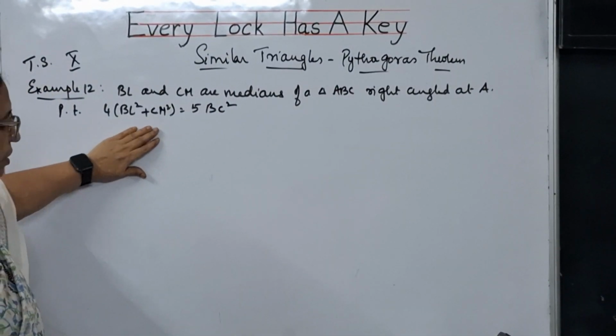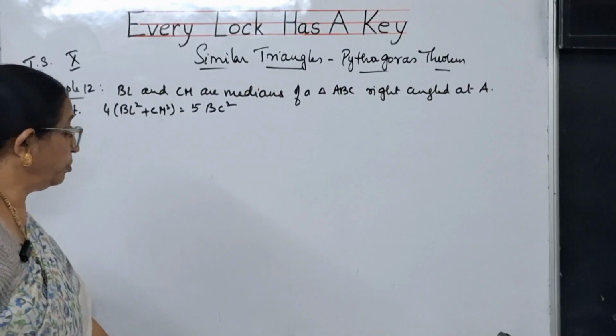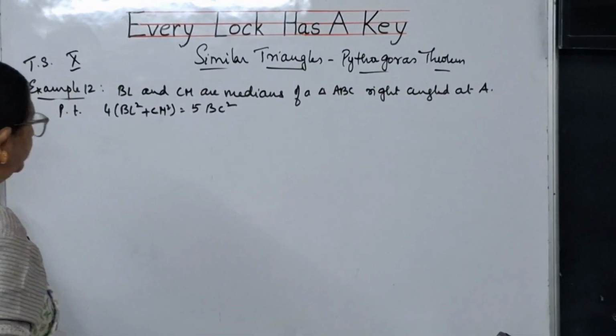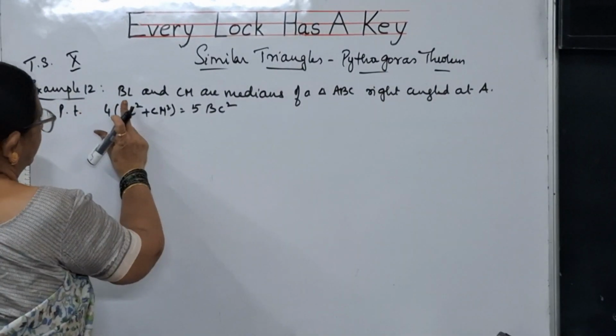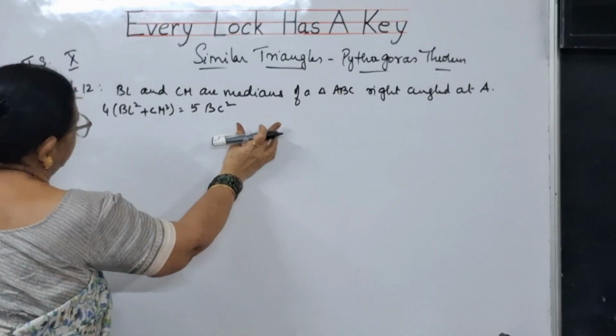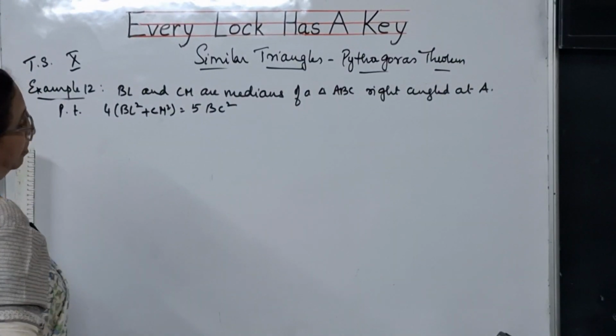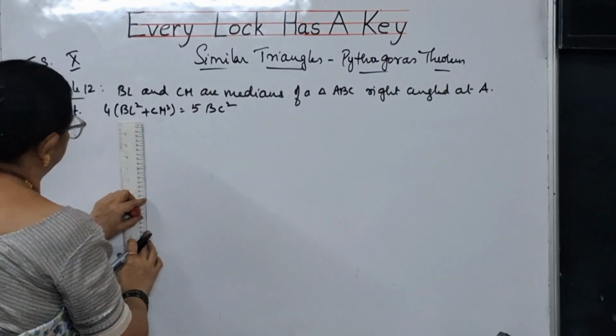This is the problem, children. A very, very important problem from your examination point of view. What is that they are saying? BL and CM are the medians of a triangle ABC, which is right angled at A.